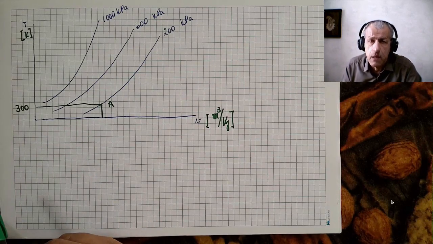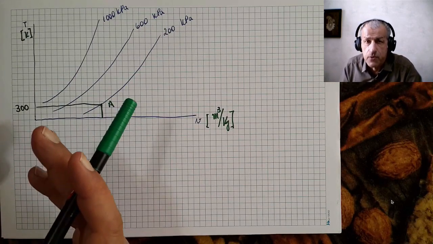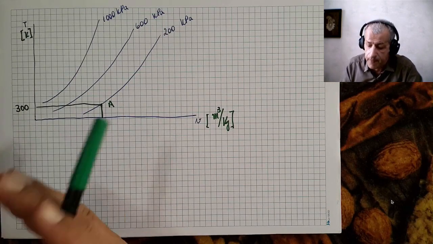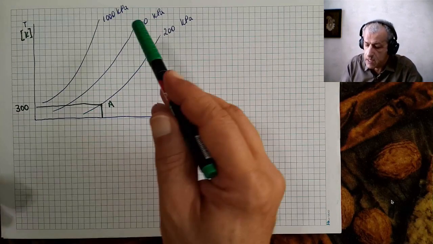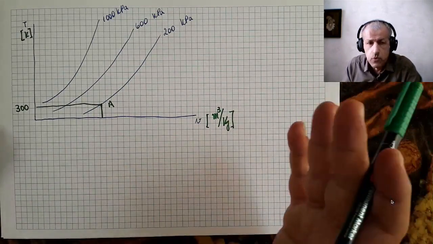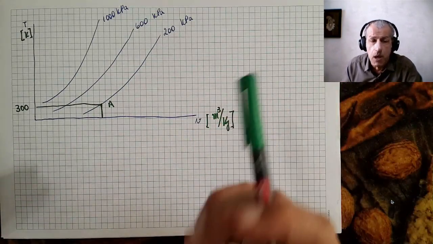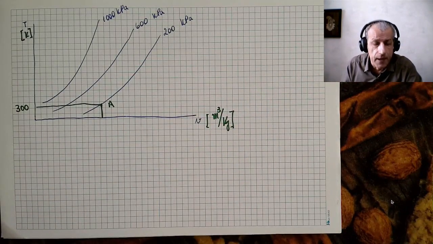Now I installed my problem over those properties. Now I'm doing the same here also. These blue lines are all air. And now what I'm doing with green is to install my problem over this diagram.